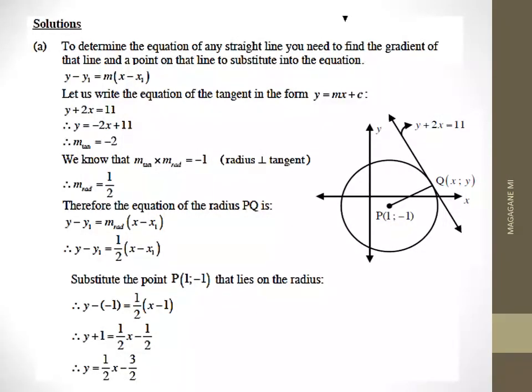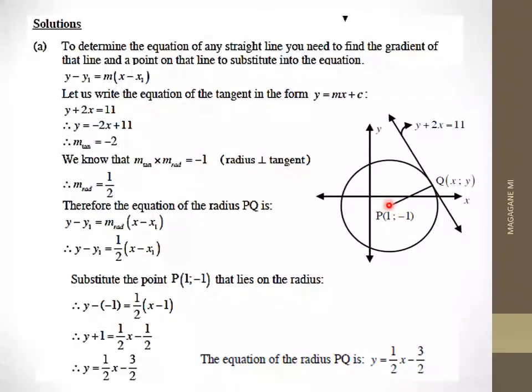From there, we substitute the point. Very, very important: which point are we substituting? You must substitute the point which is on the radius. The point which is on the radius this time is our P. We don't have Q, so we'll use P. You don't use just any point. You must use the point which is on the radius.